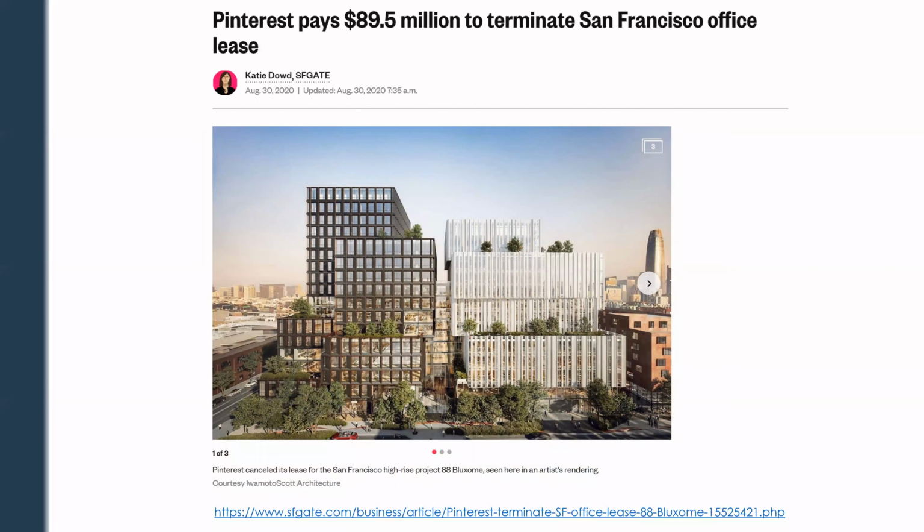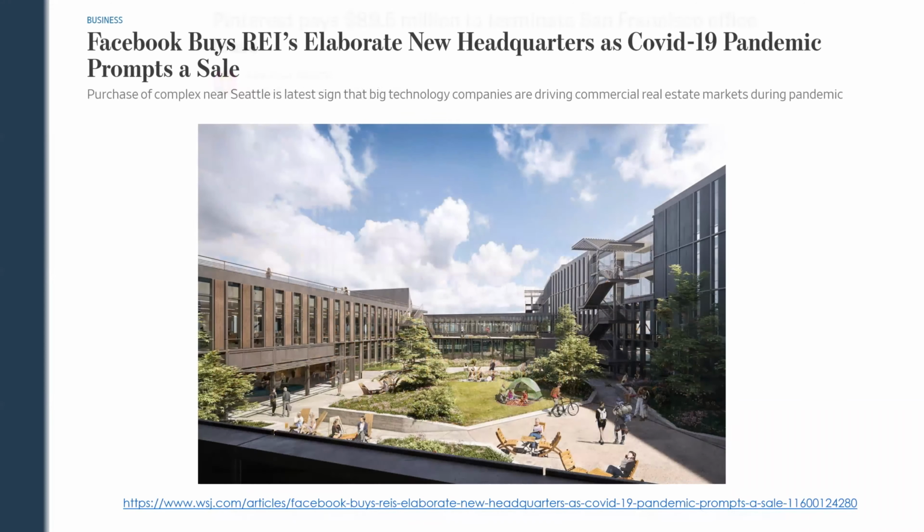Pinterest bailed on a lease they had committed to, and it was so expensive they had to pay $90 million just to terminate that lease in this new building. Again, based on what had happened in the previous few months, they decided to change some plans around their real estate needs, and were even willing to put up millions of dollars to get out of the lease. And then just to check in on that REI headquarters, we've got Facebook coming in and actually buying it in Washington. So Facebook's kind of all over this thing.